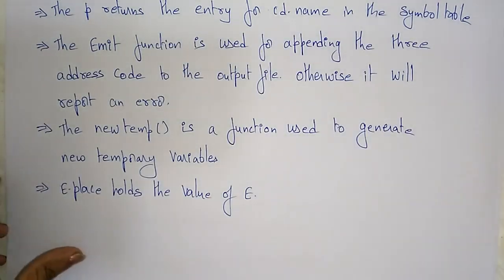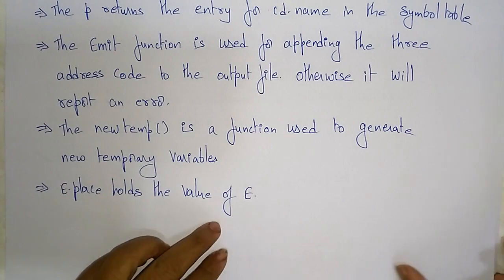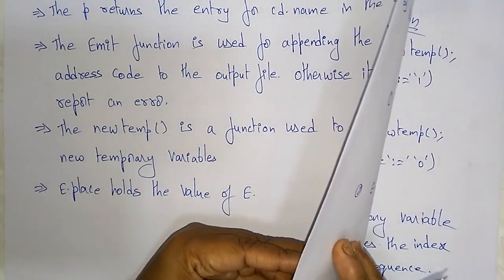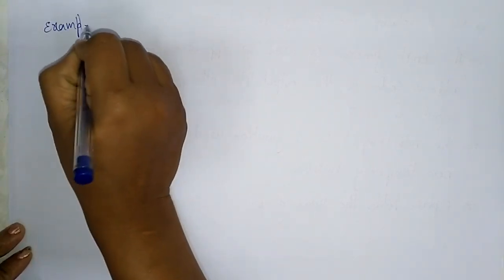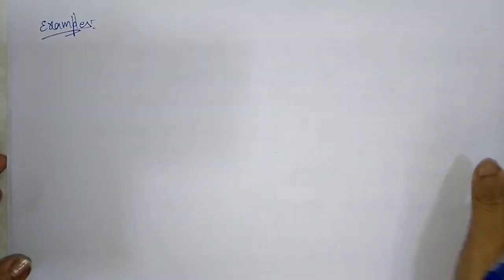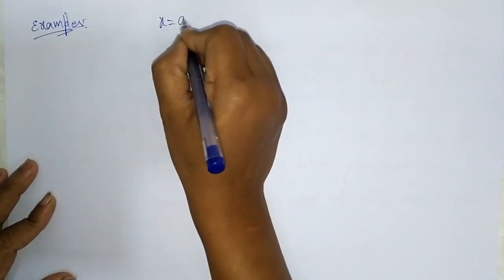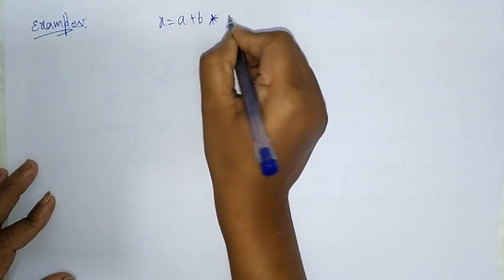Let's take a simple example to explain the translation of assignment statement. With the help of these productions and the semantic actions, we have to do this. Let's take x = a + b * c.